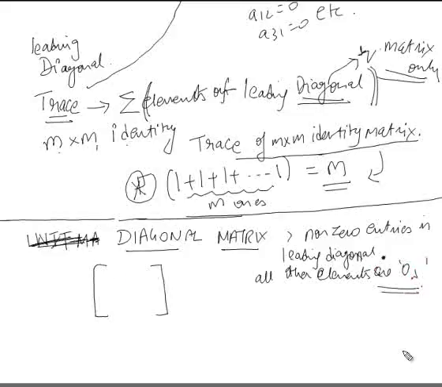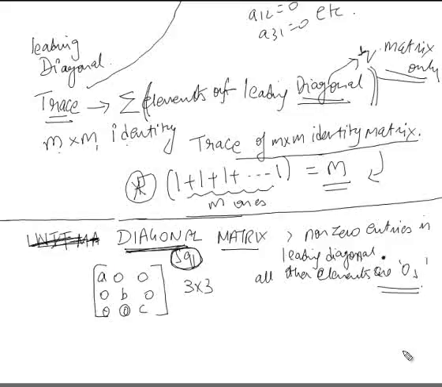That is, if I take a 3 cross 3 diagonal matrix, I will have A, B, C. This is a 3 cross 3 diagonal matrix. So again, whenever I use the word diagonal, it is always with respect to a square matrix only. So diagonal matrix means I am indirectly telling you that the matrix I am talking about is a square matrix.